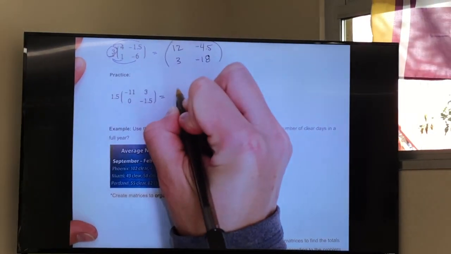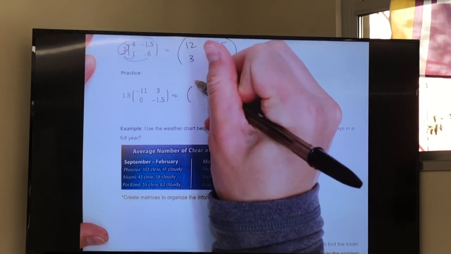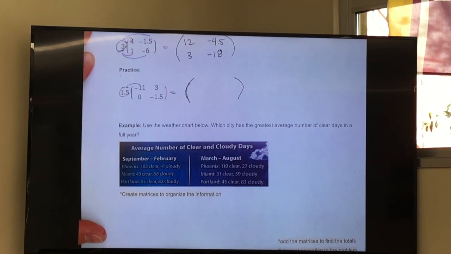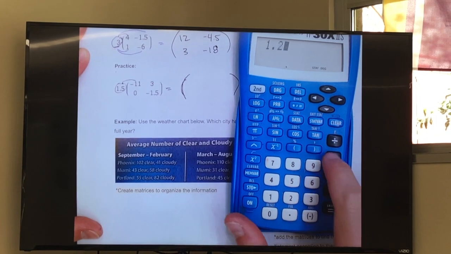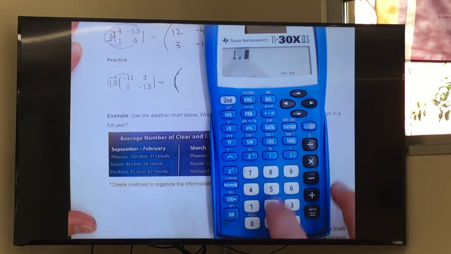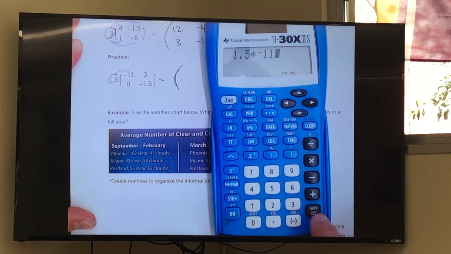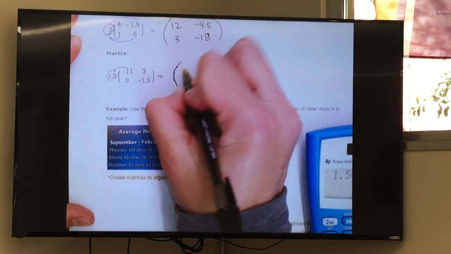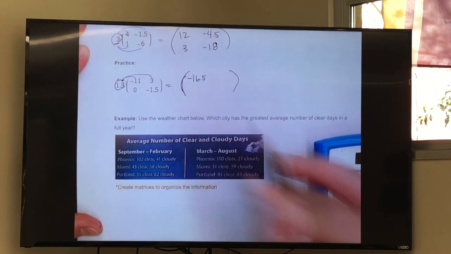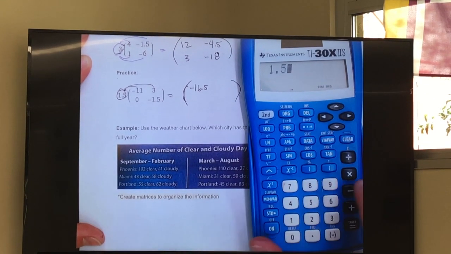All right, we have another 2 by 2, so I know it's going to end up being a 2 by 2. So 1.5 times negative 11 is negative 16.5 in the top left. 1.5 times 3, do you know that one, Barrett? 4.5?